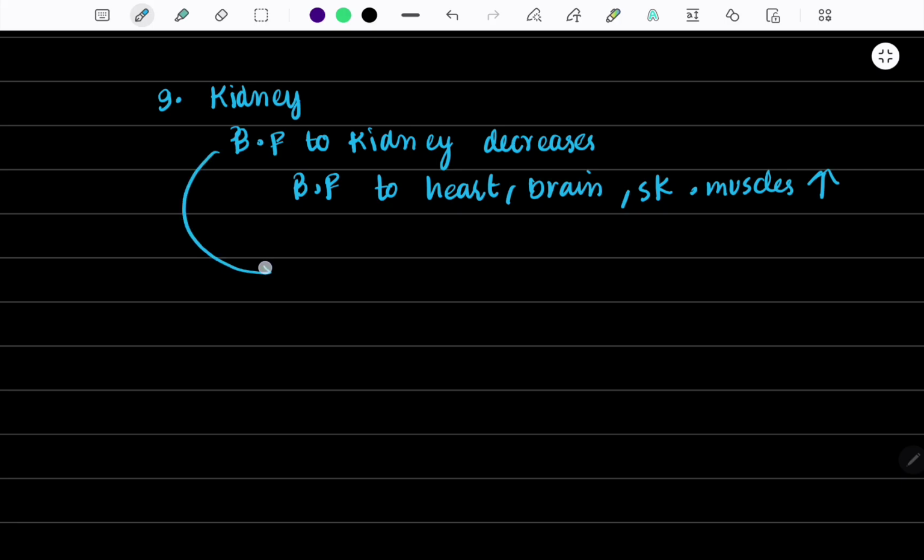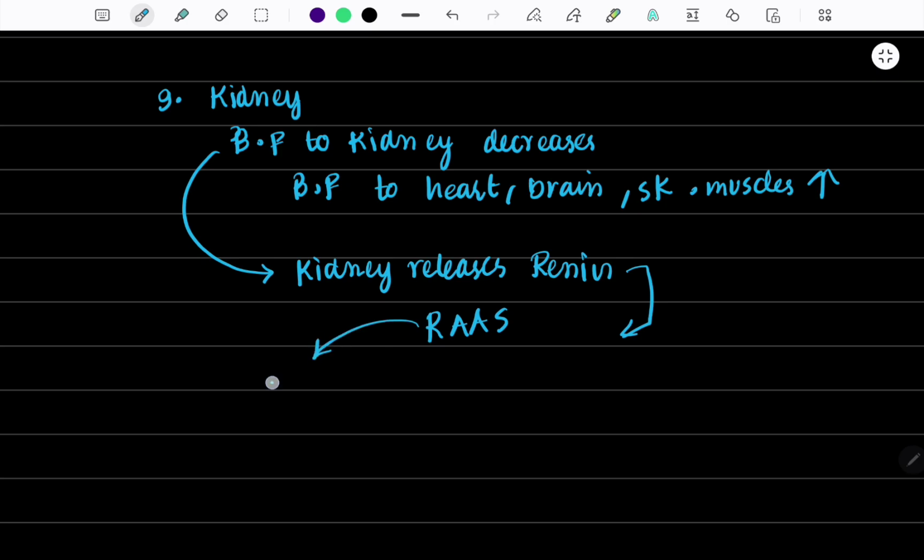So now in order to maintain the blood pressure and blood flow, the kidney releases renin, right? When this renin is released, it activates the RAS system, that is the renin angiotensin aldosterone system, and this system in response increases the blood pressure, right?